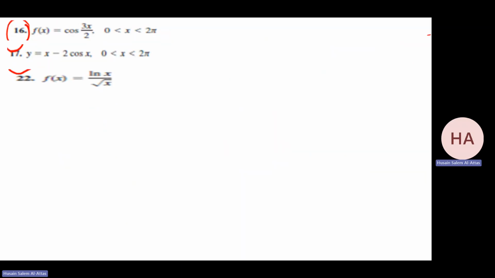Okay. Different functions. Now cosine 3x over 2. But he gave me a specific interval. Okay. 16. So I will do the derivative. F prime will be what?